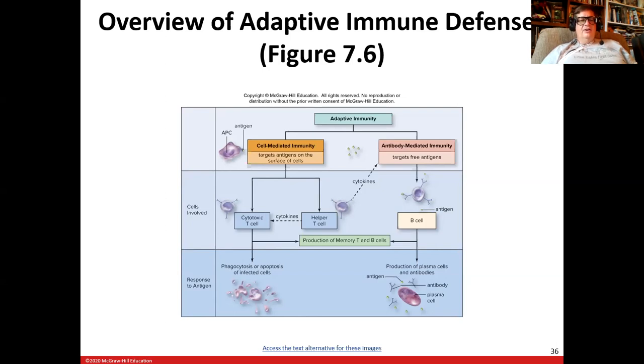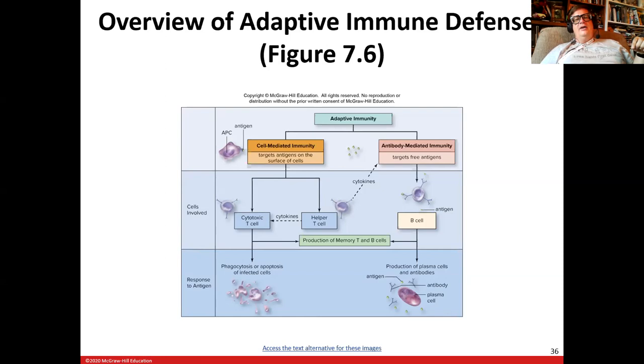Cell-mediated, you've got cytotoxic T cells, which I've mentioned several times, and helper T cells. If you're doing antibody-mediated, B cells are involved. Either one of those is eventually going to lead to the production of memory T and memory B cells.